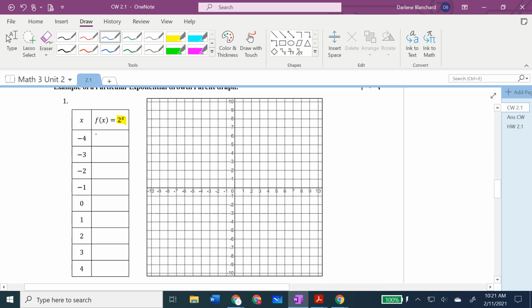So what is 2 to the negative 4 power? It is 1 divided by what is 2 to the 4th power.